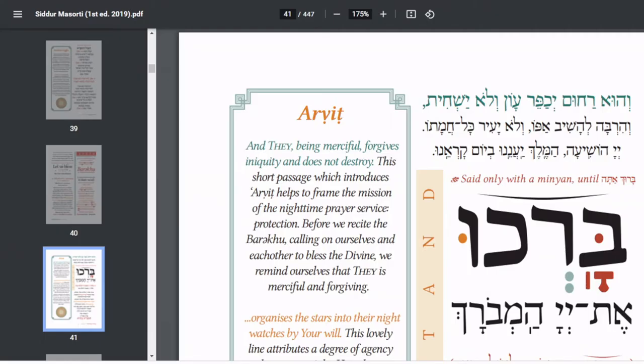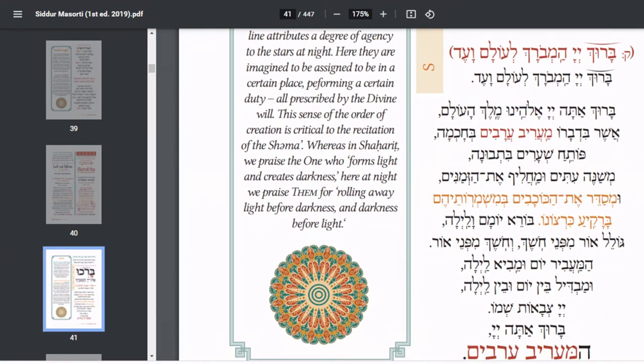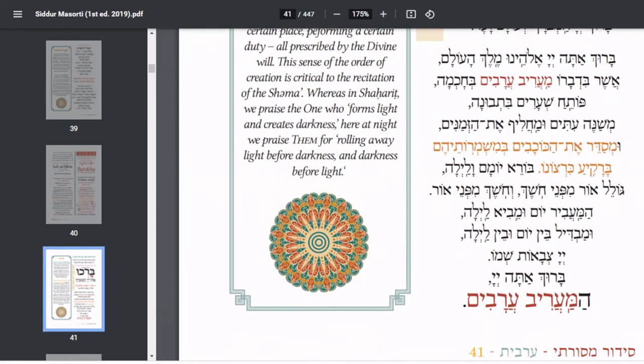So we've got v several different times. And then right here we've got ha melech, the king. Now let's scoot down, and we're going to find an example of u instead of v. U mesader, and he organizes or sets things in order.